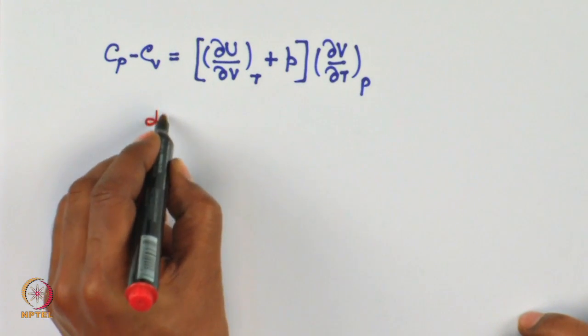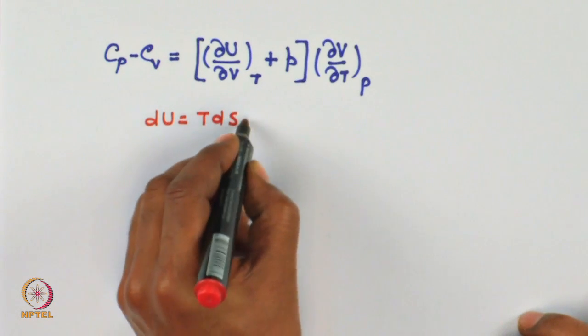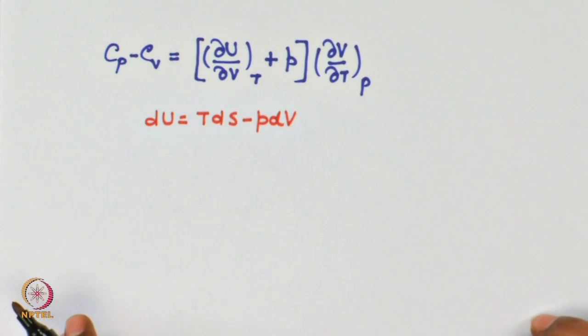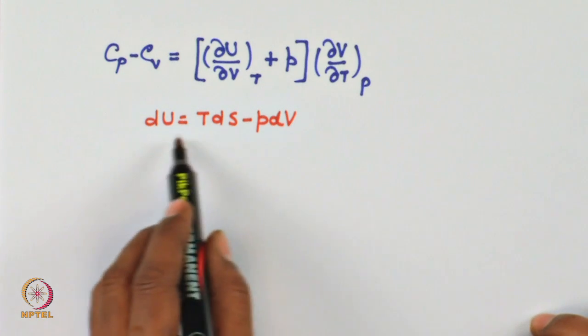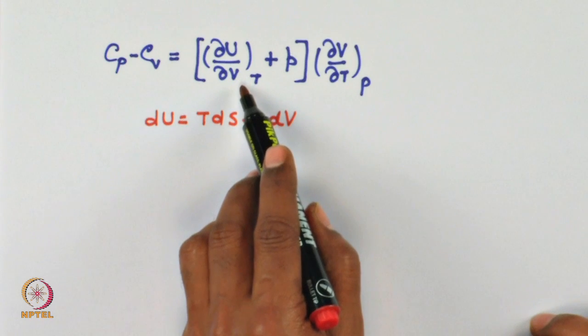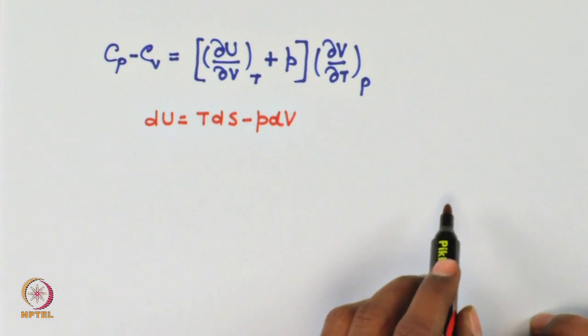Maybe this equation, dU is equal to TdS minus PdV. This is a fundamental equation. You see, this equation can allow us to express the variation of internal energy with respect to volume at constant temperature, and pressure will also appear in this.